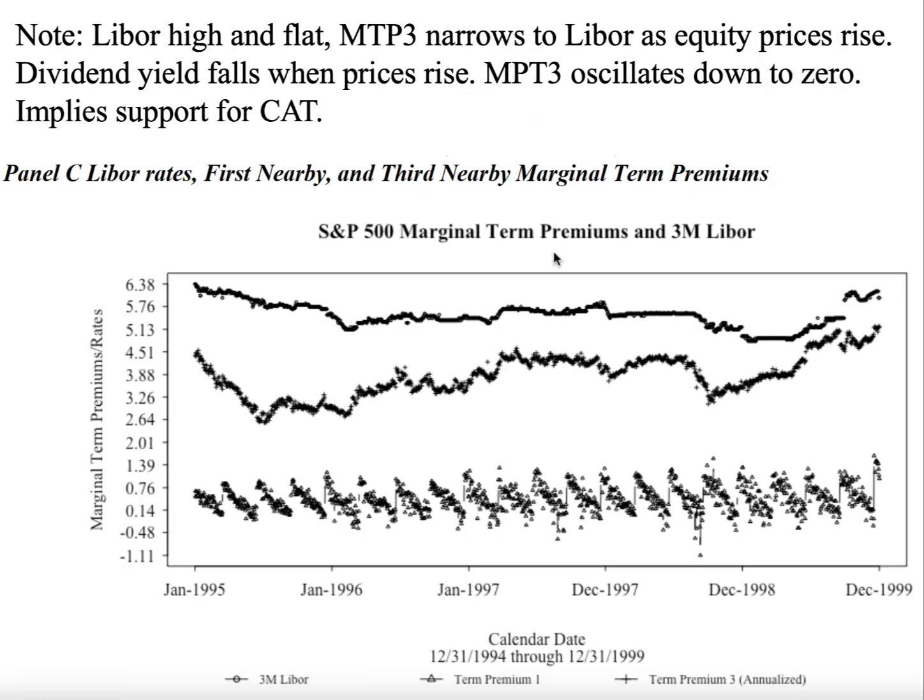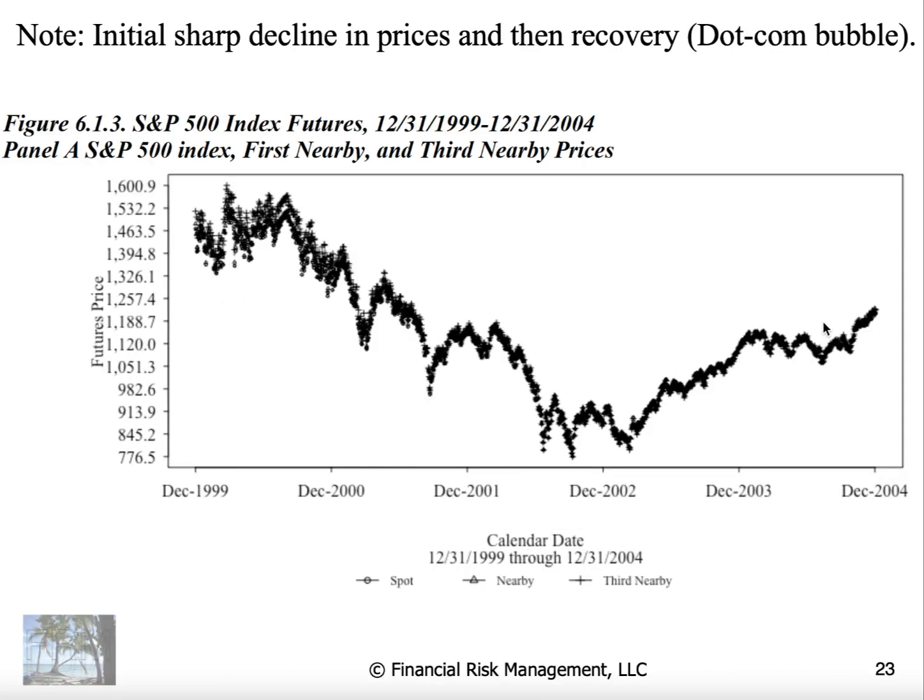And so the combination of slightly declining interest rates combined with a significantly declining dividend yield results in a narrowing of this spread.